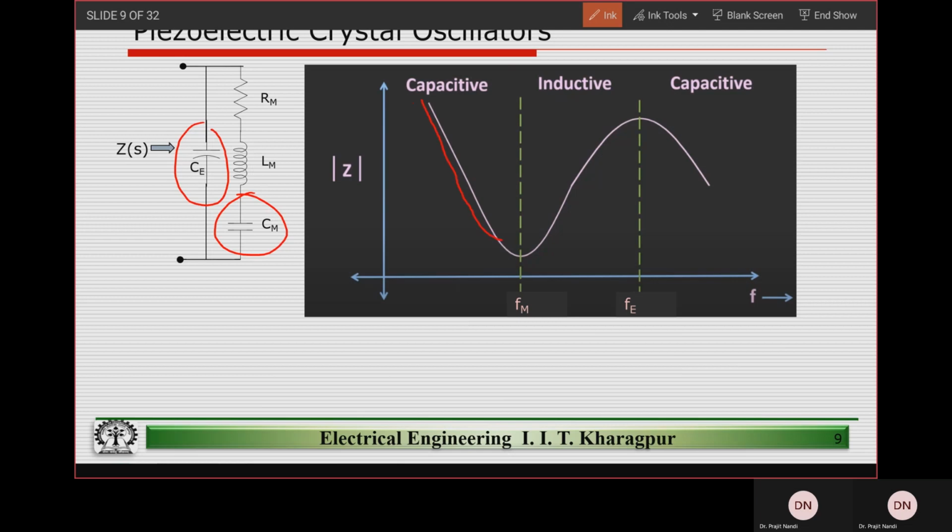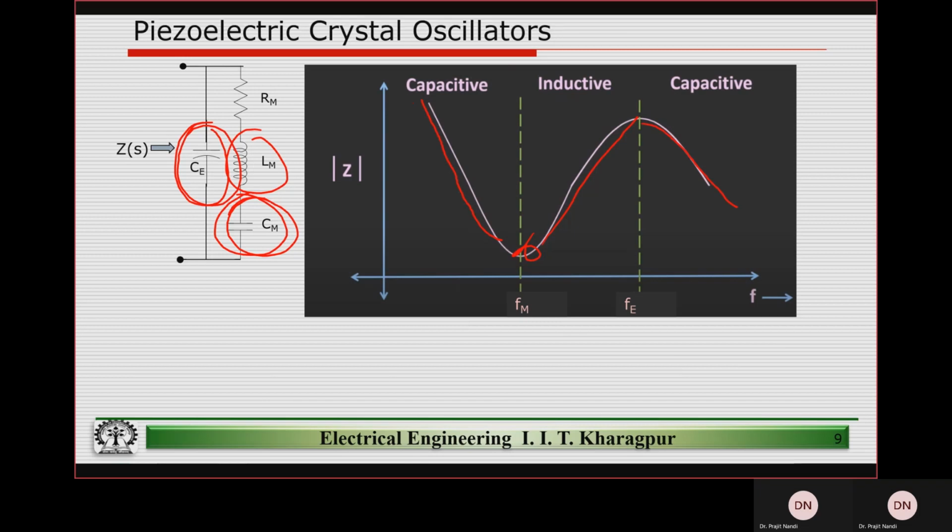As you increase the frequency, the capacitor impedance falls, and the overall impedance falls, and we land up at a minima here. Then this portion is inductive, because as we increase the frequency, the impedance offered by LM increases, and here again it starts falling, dominated by CE, right? So intuitively you can understand why this behavior looks like that.